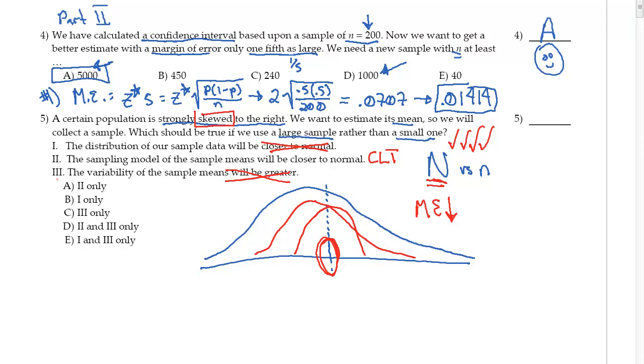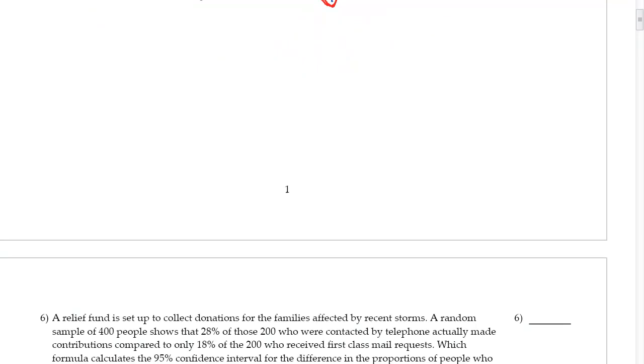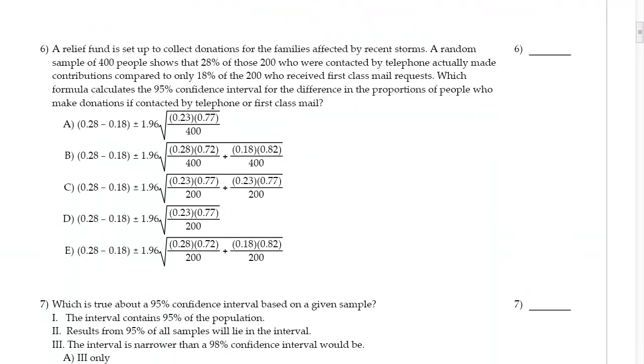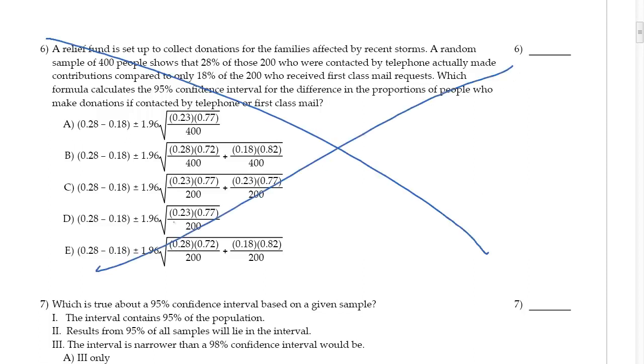So 2 is the only answer, and that's going to give us A. Now we're going to scroll to 6, which compares 2 different samples with 2 different p's. We didn't do anything like this in class, so this is a problem for another day. All right, so now on to 7.